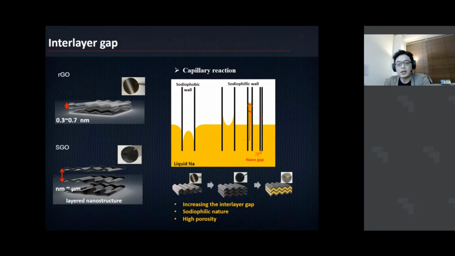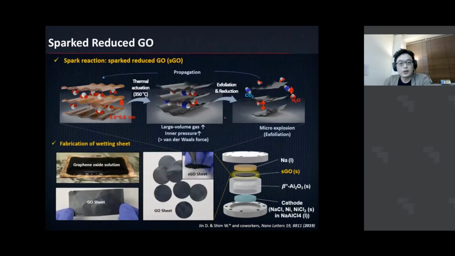The surface energy of the wall is higher than the liquid, therefore the liquid cannot go into the tube. Okay. So this is where we use the Spark Geo, which has interfaces larger than 5 angstrom. You can put this material between the interface of the sodium and the electrolyte. Therefore, you can enhance the sodium wetting process.